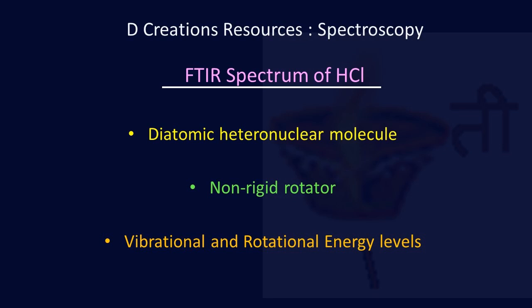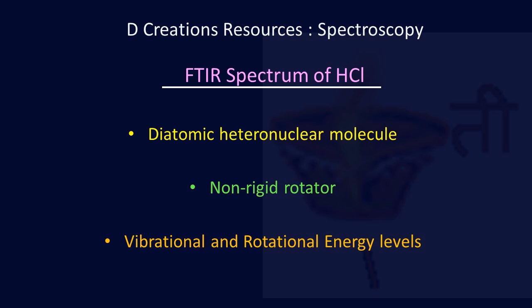This is a heteronuclear system, and the quantized energy levels will be given as E is equal to h nu into V plus half. So you can also call this EV for this particular value of V. Here h, of course, is the Planck's constant, nu is the classical vibrational frequency, and EV is the energy of the vibrational state with quantum number V. And V can take any integer value starting from 0.